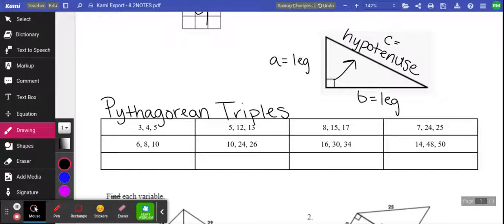People in construction typically will have these memorized. The reason these Pythagorean triples are special is because these are the whole numbers that will make up right triangles.